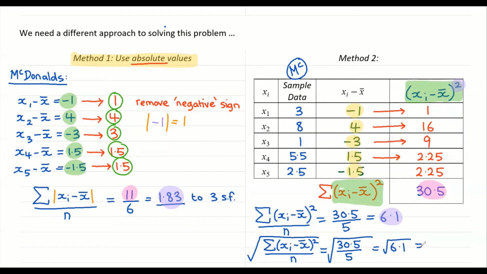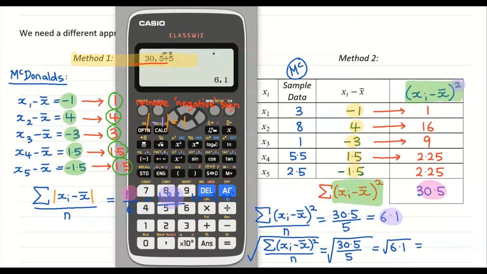Now, again, we'll get our calculator out for this. The square root of 6.1. What do we get? Well, 2.45.